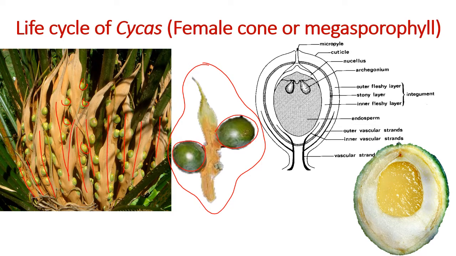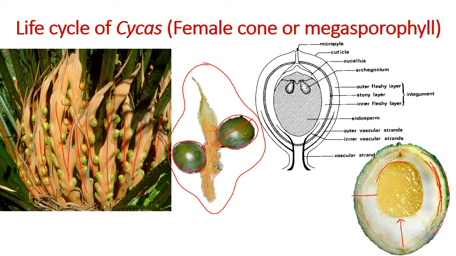If this individual structure is cut in vertical section, you will see one integument, but it is differentiated into three zones. The outer green zone is fleshy, the middle zone is stony, and the innermost big zone is again fleshy.